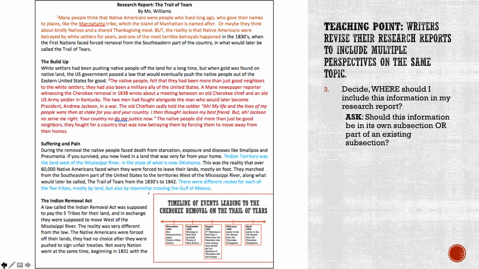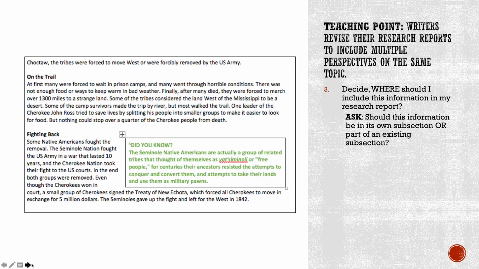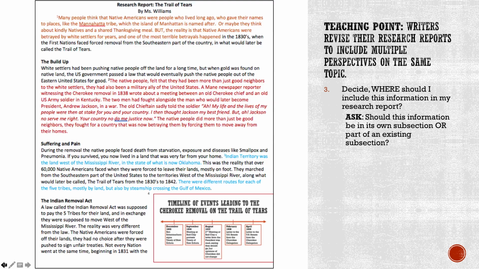Now, it is about the Indian Removal Act, and I do have a section about the Indian Removal Act right here, and it is kind of smaller. I do feel like of my sections, that could be a section I could include it in, although I do have the timeline there. So you know what?